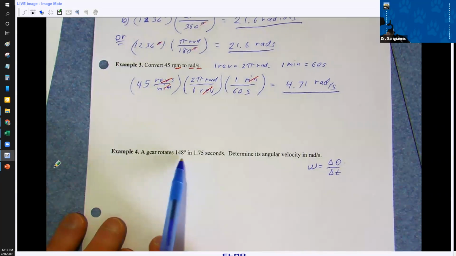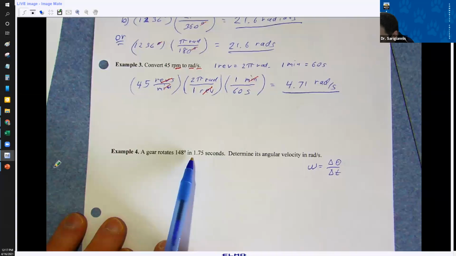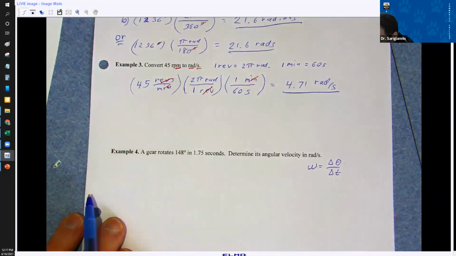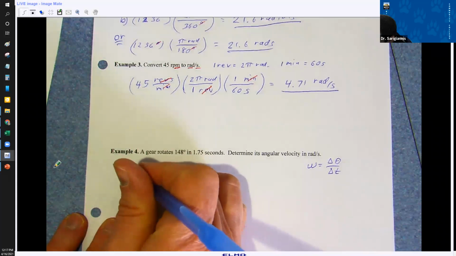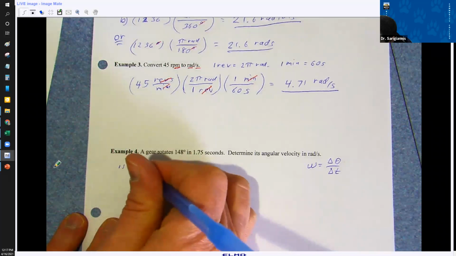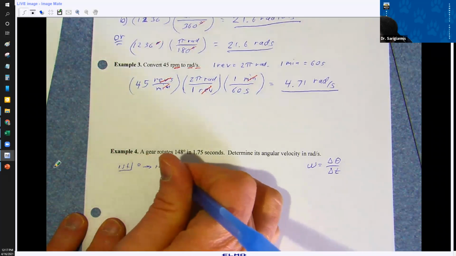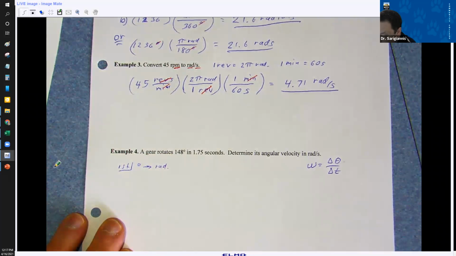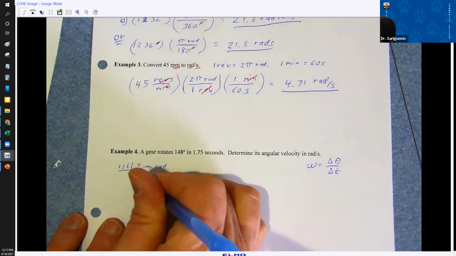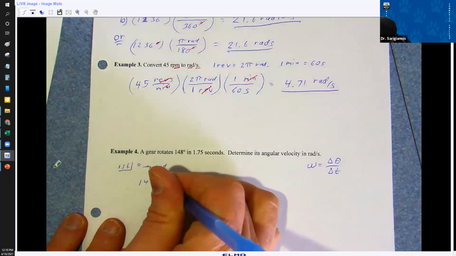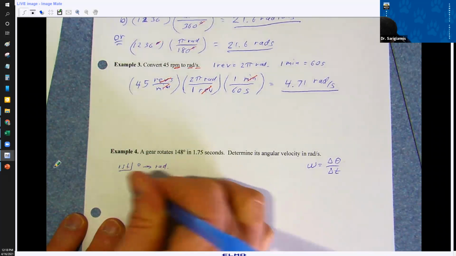And delta theta is 148 degrees, but we have to work in radians. So first we're going to convert degrees to radians, right? 148 degrees.